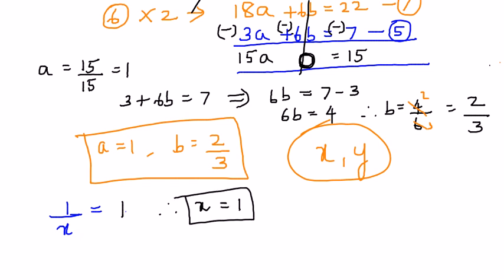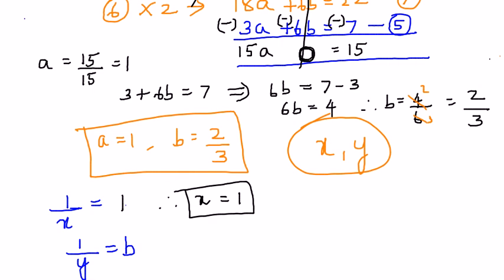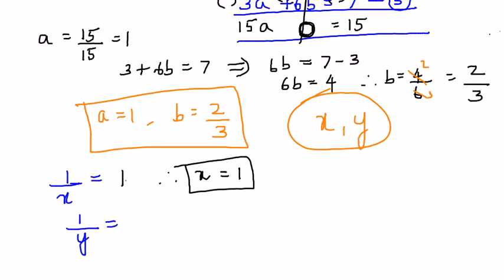Likewise, you assumed 1 by y is equal to b. But இங்க b என்ன? 2 by 3, right? So it's 2 by 3. அப்போ y என்னவா இருக்கும்? Cross multiply, right? Take 3 is equal to 2y, but you need to find only y.